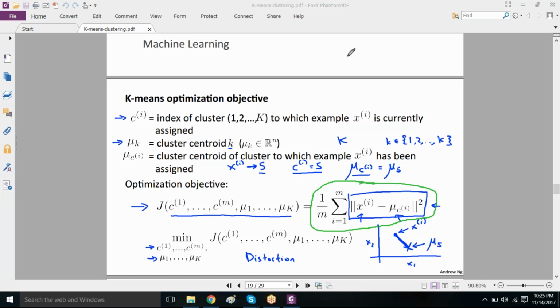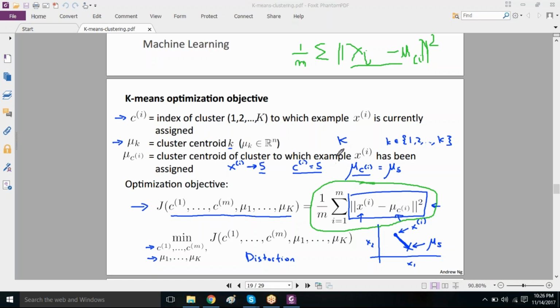This is basically 1 upon the number of training examples. The simple linear regression cost function was there, no? So these are the data points and these are the respective centers. This is the error basically.